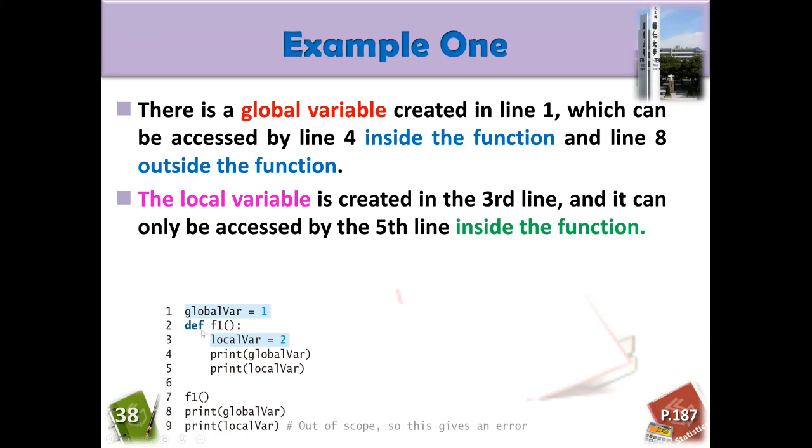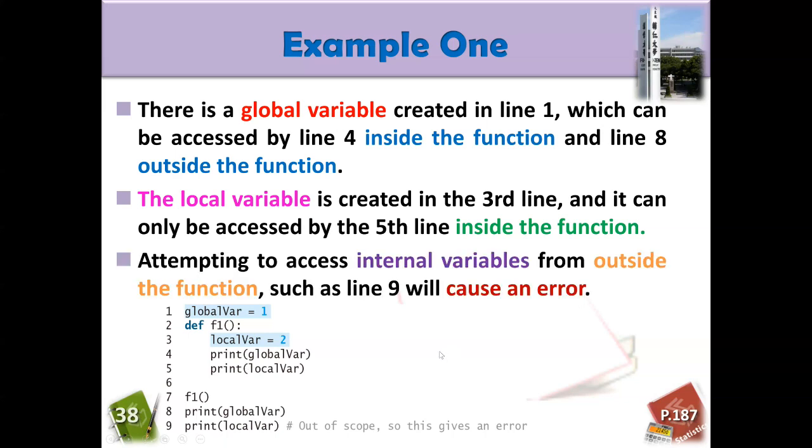So all the functions can be executed until line 9, which will be a syntax error. This will be the error because it doesn't know where the local variable is, because the local variable is inside function 1, okay? So attempting to access an internal variable from outside the function, such as line 9, the local variable, will cause an error.